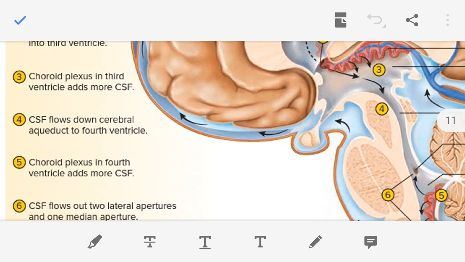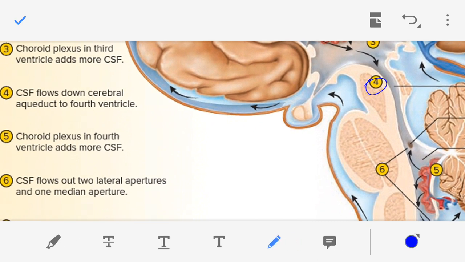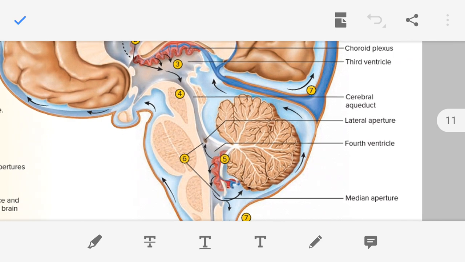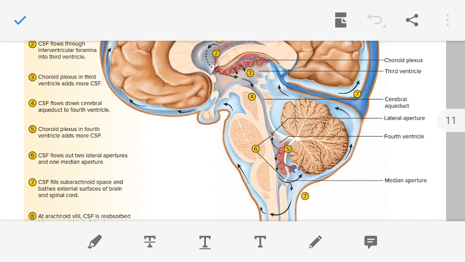Now where is CSF entering? See point 4. Now the cerebral aqueduct, see, this one is the fourth ventricle, this one is the third ventricle. So we can say between the third and fourth ventricle the cerebral aqueduct is present.